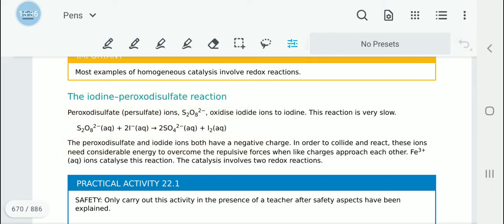The direct reaction is very slow because both the charges are negative and they need a higher energy to overcome the repulsion when colliding.